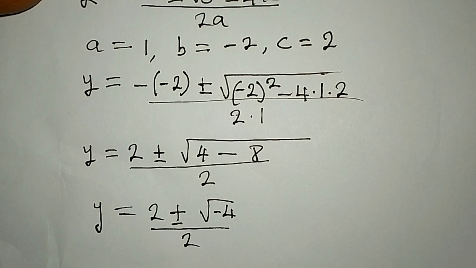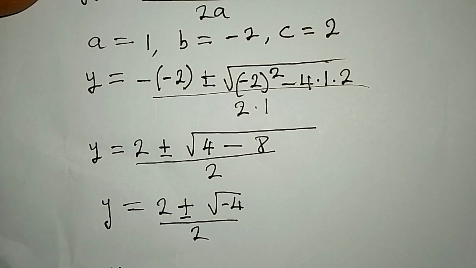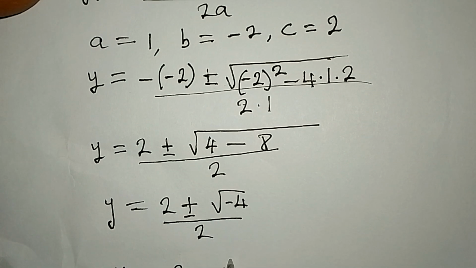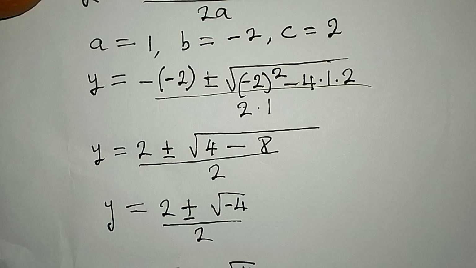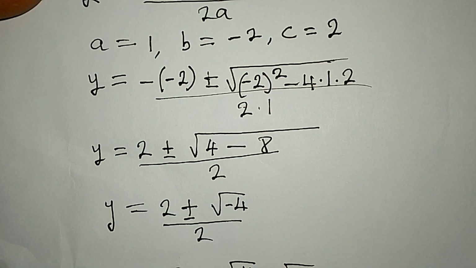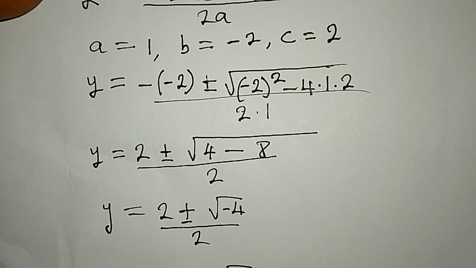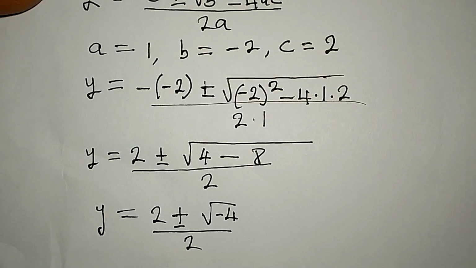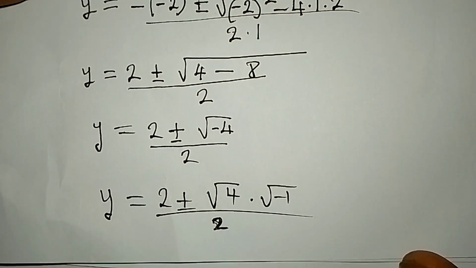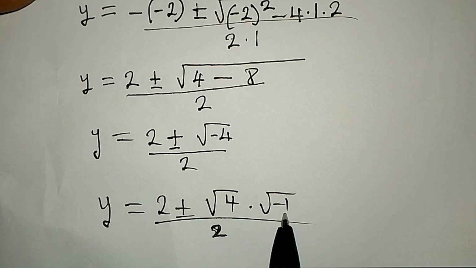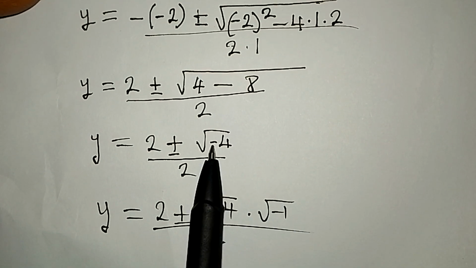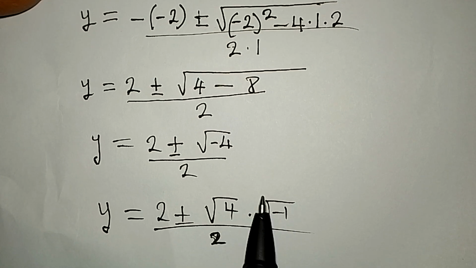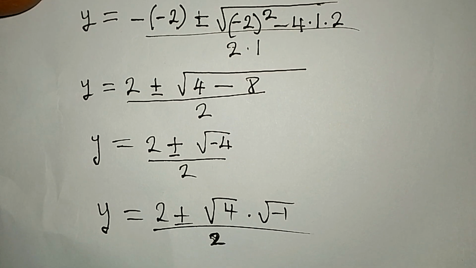Now, y is equal to 2 plus or minus square root of 4 multiplied by square root of negative 1, and the whole of this is over 2. How did I get this negative 1? I picked it from the negative here. Remember, if you multiply this and this, you'll have square root of negative 4.